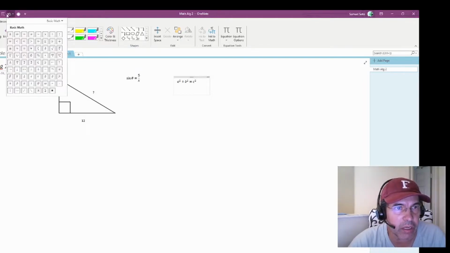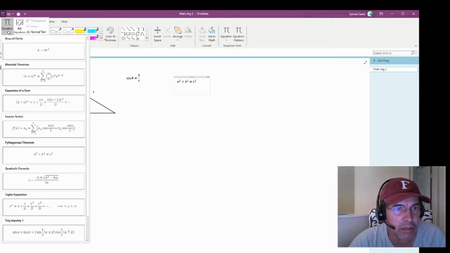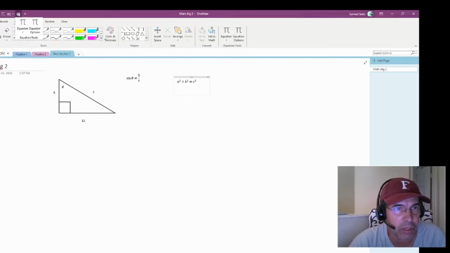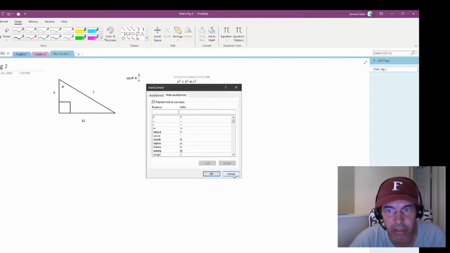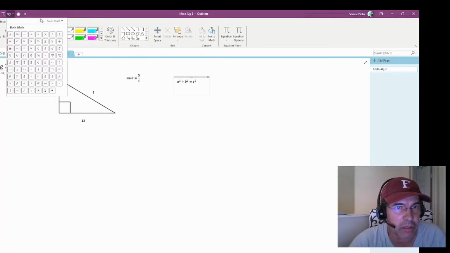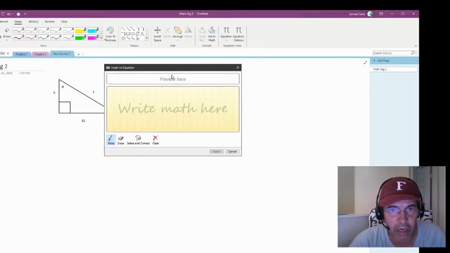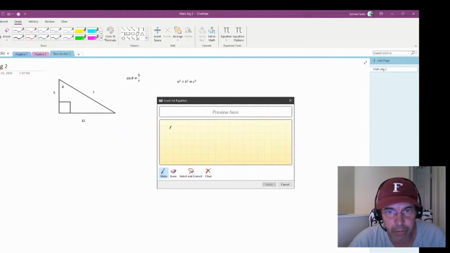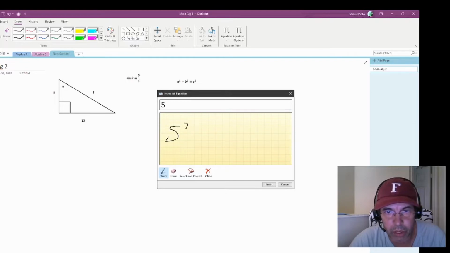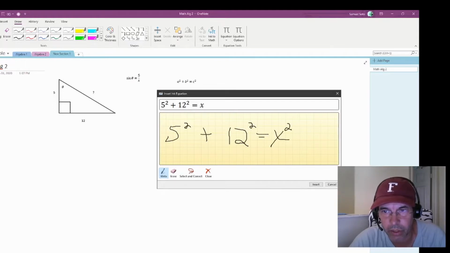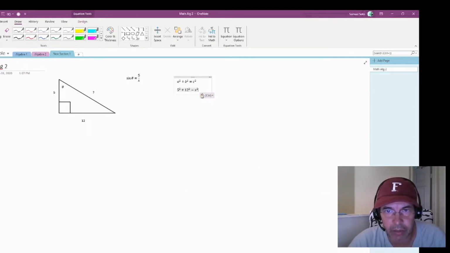You can add these features, or you can start using ink to math and say that we have 5 squared plus 12 squared is equal to x squared. And then we could insert that.